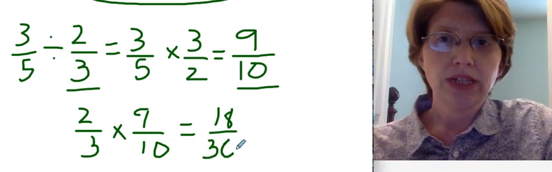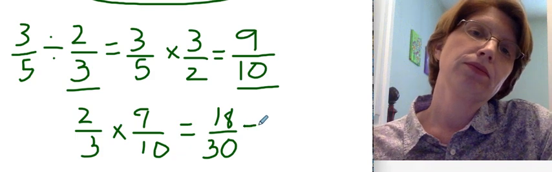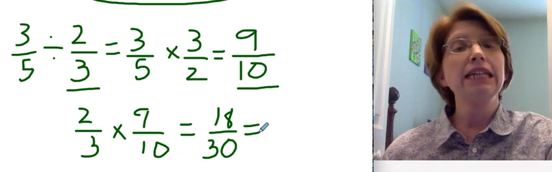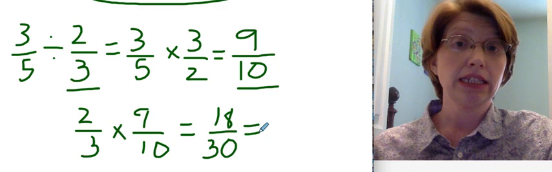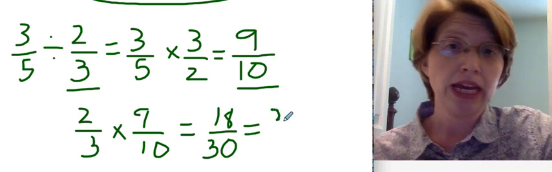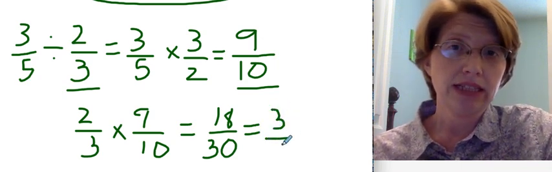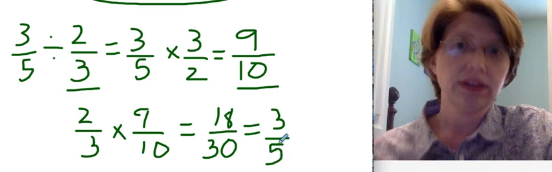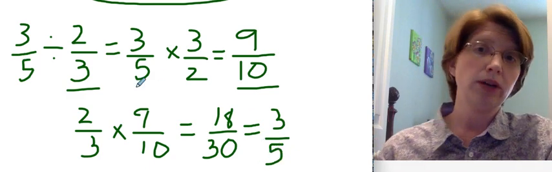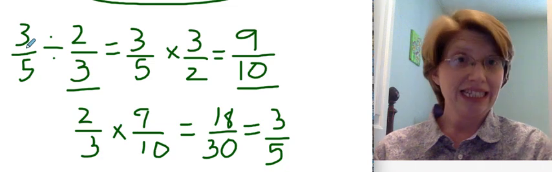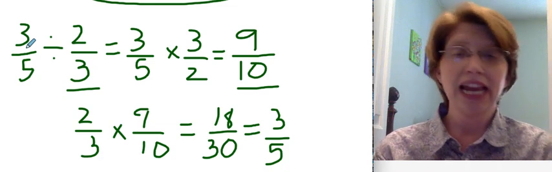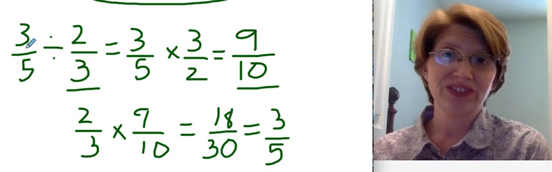Now, does that reduce? I can divide 18 and 30 by 6, right? And get 3/5. So, is that the number I started with at the very beginning? Yes. So I checked it and came up with the right answer.